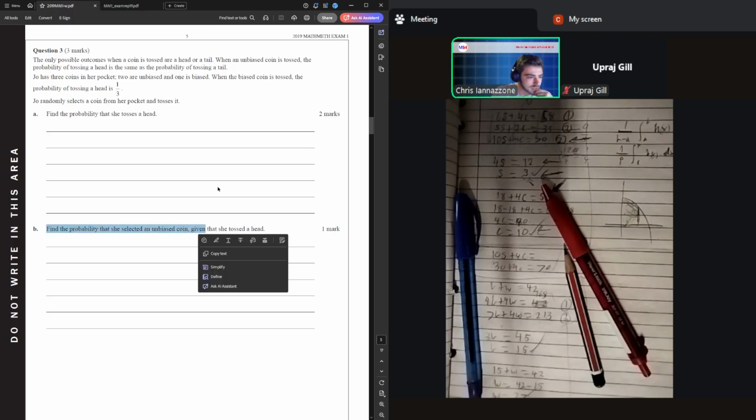Find the probability that she selected an unbiased coin, given that she tossed a head.